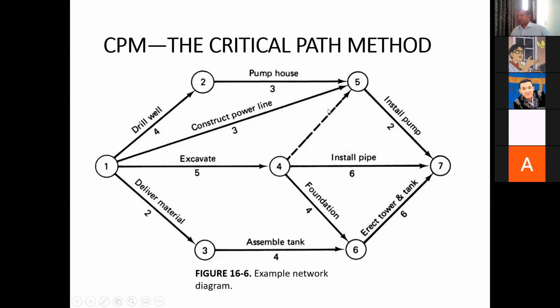And yes, in this activity on arrow method, sometimes we need to use this dummy activity to show the logical relationships between the activities. Without the use of these dummy activities, that logical relationship cannot be shown.